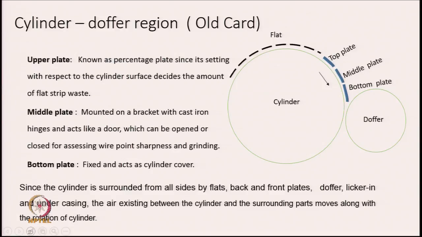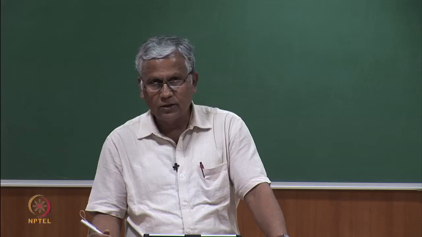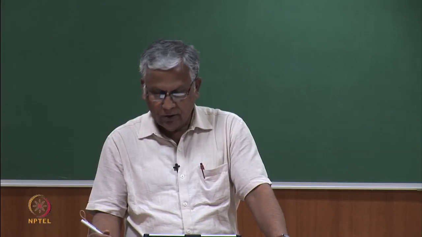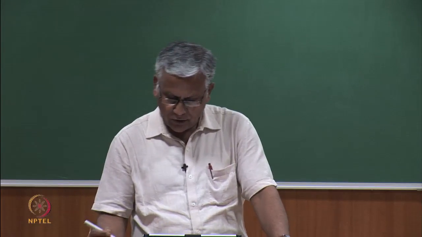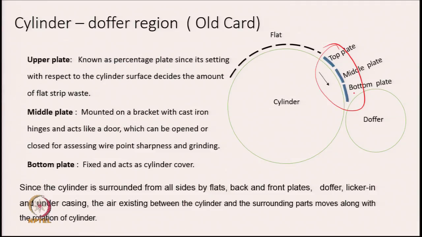Once the flats end, the zone between the flat and the doffer, that is this zone, needs to be protected so that the fibers are not thrown away from the machine or they should not escape the machines. So, this zone is surrounded by 3 plates in the old version of the carding machines. We call them top plate, middle plate and bottom plate.